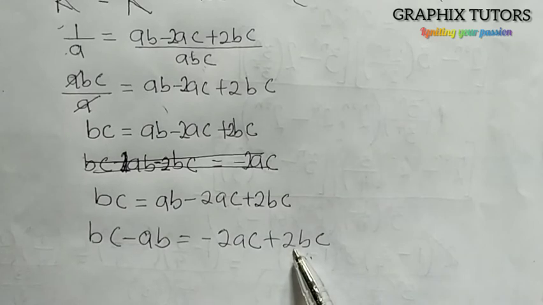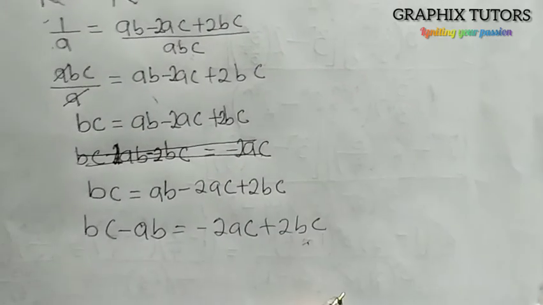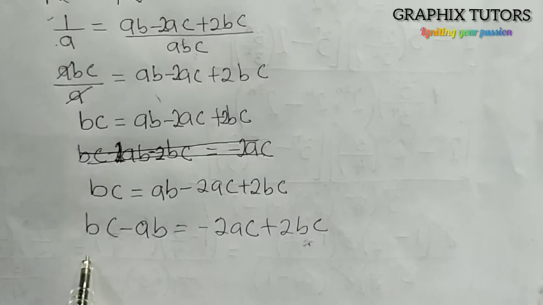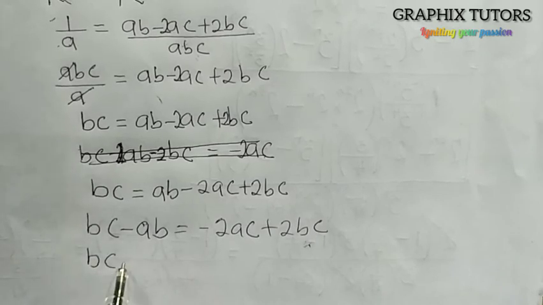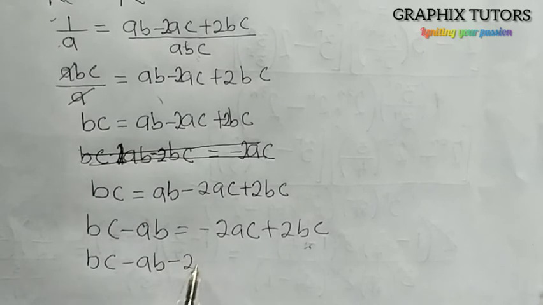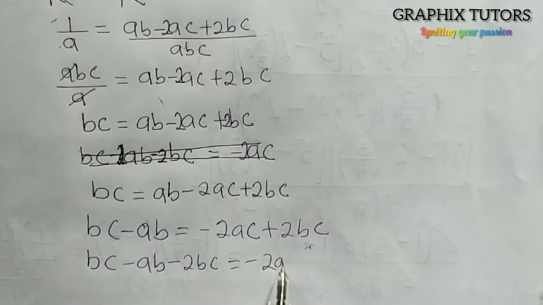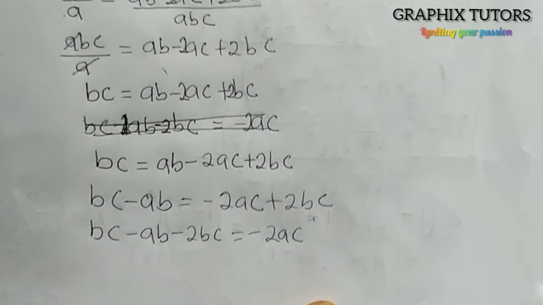Look, I have BC here, B. So I can take it here. Take this one to this side too. So this will give me BC minus AB minus 2BC is equal to minus what? 2AC. So from here, collect like terms.